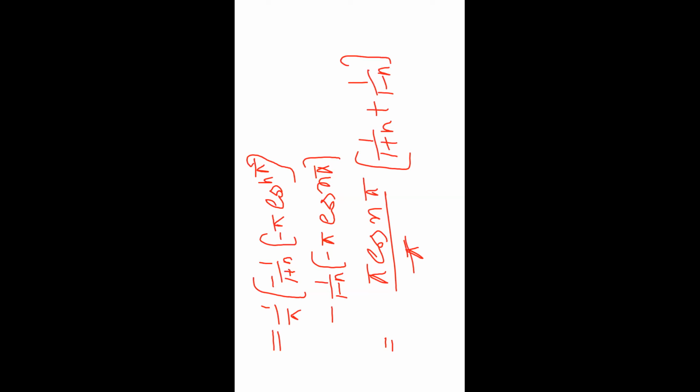So minus pi cos n pi, I have to take common inside, and the remaining values, minus into minus, plus. The remaining value is 1 by 1 plus n plus 1 by 1 minus n. Okay. Pi cancels. Cos n pi equals minus 1 power n.